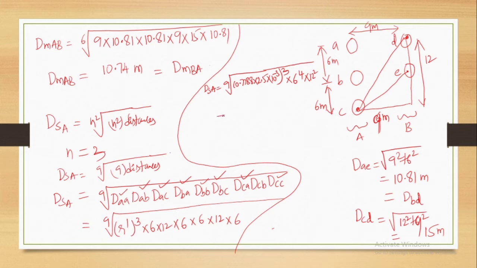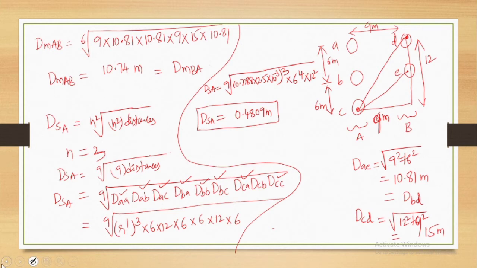If you take the 9th root for this, you will get the self distance for A side, or GMR of A side. Please evaluate this with your calculator. If you evaluate this, it comes out to be 0.4809 meter. This is the DSA value, which is nothing but the GMR of A side.